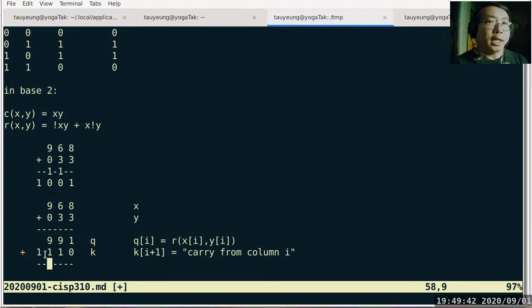We cannot determine K2 until we have determined K1, and we cannot determine K1 until we know that K0 is assumed 0 in this case.